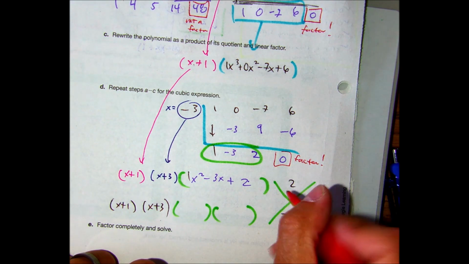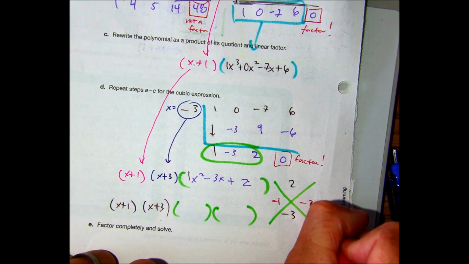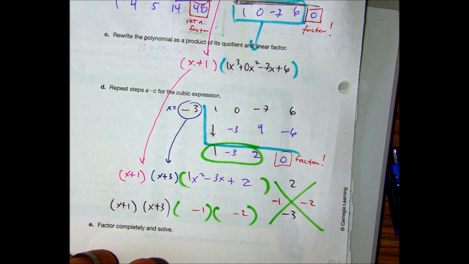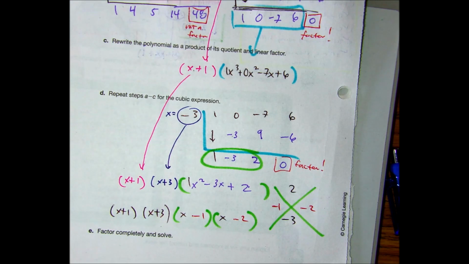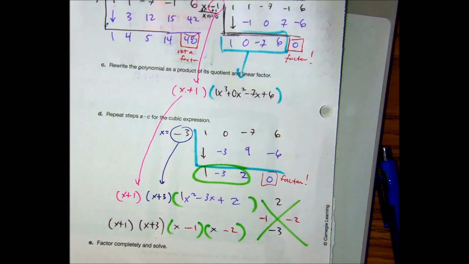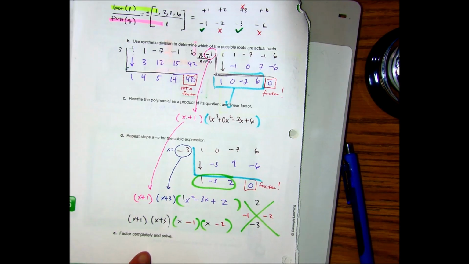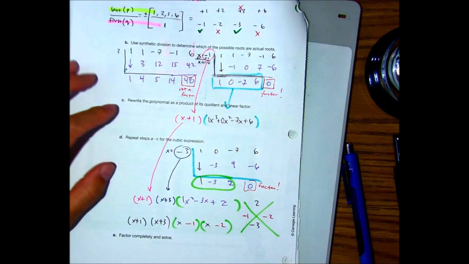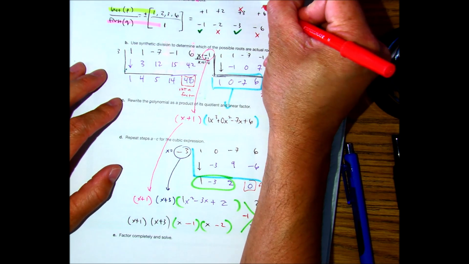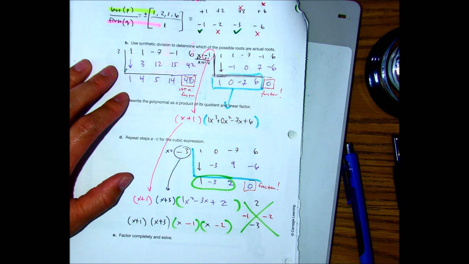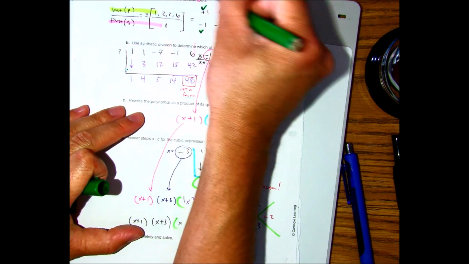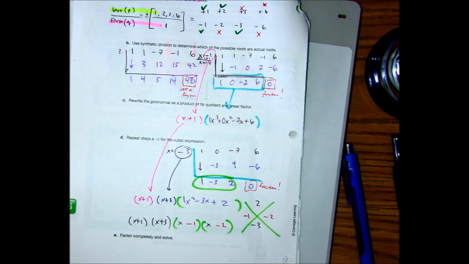Negative 2 and negative 1. Okay. So this should tell us something. Class, does 6 work? No. Does positive 1 and positive 2 work? Yes. And I'll show you at the very end how they also work.